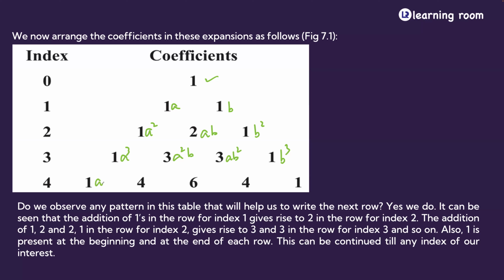Here 1, a power 4, b power 4, a cube b, ab cube, right? So if you observe, these numbers are forming a part of a triangle.